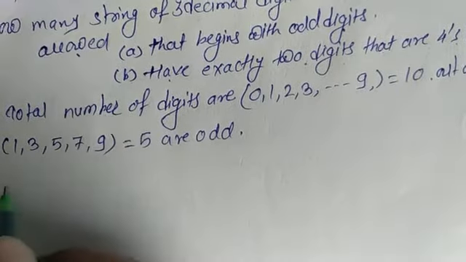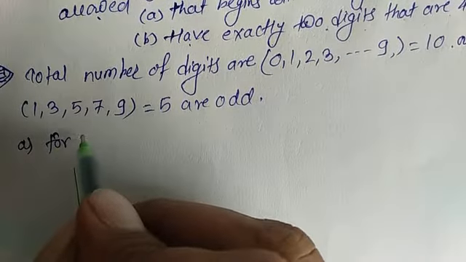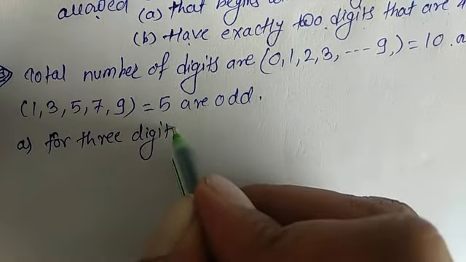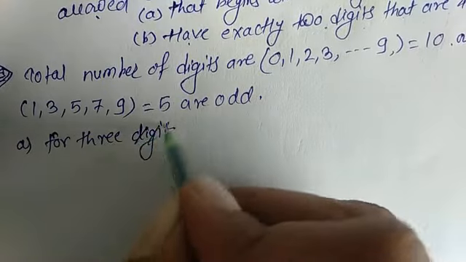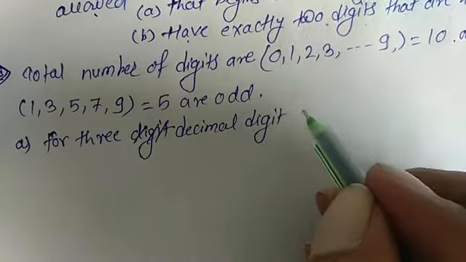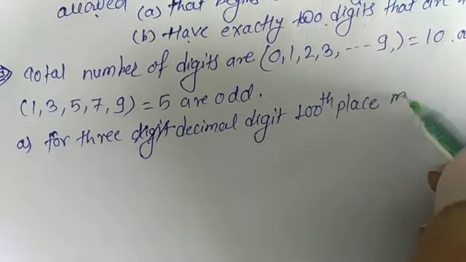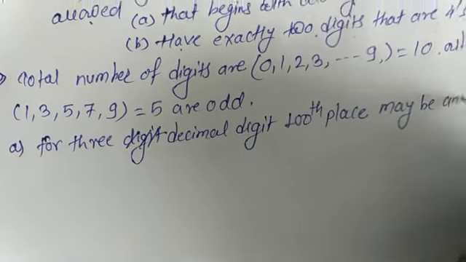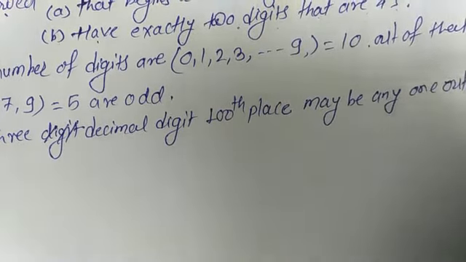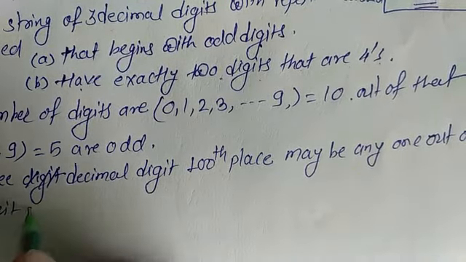Okay, so for the first part, for a 3 decimal digit number, the 100s place may be any one out of the 5 odd digits.